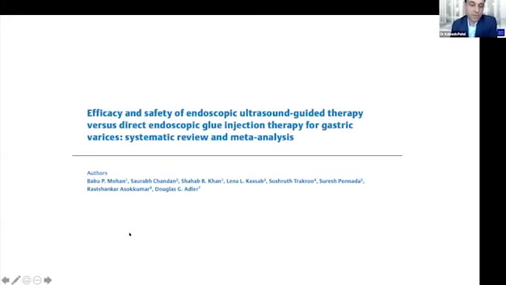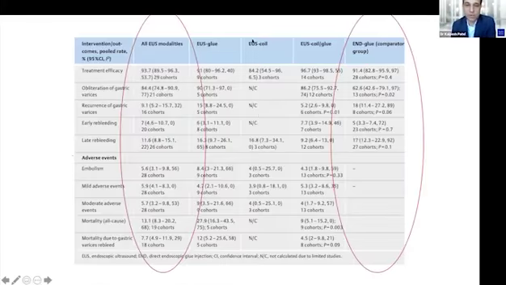Finally, from our friend Doug Adler in Utah, also took a step back and said, let's compare all of these EUS techniques with the traditional way, just direct endoscopic cyanoacrylate. This was also done through a meta-analysis published this month, and large cohorts of both EUS modalities, as well as historical cohorts of just direct endoscopic glue.